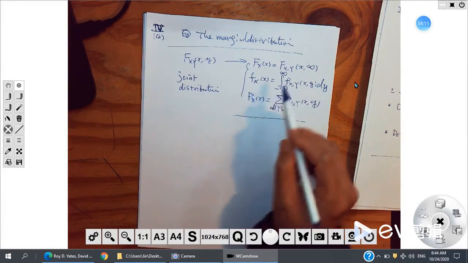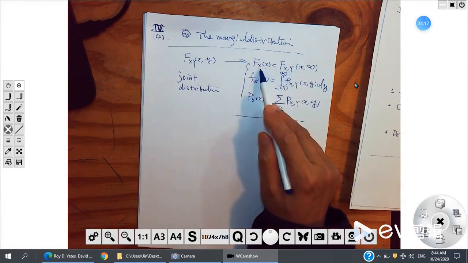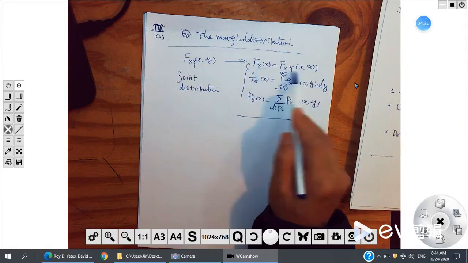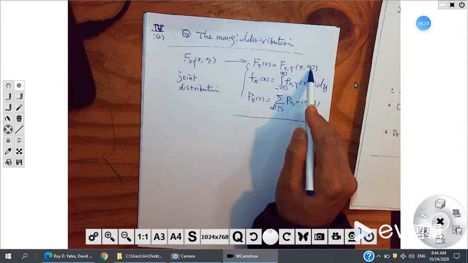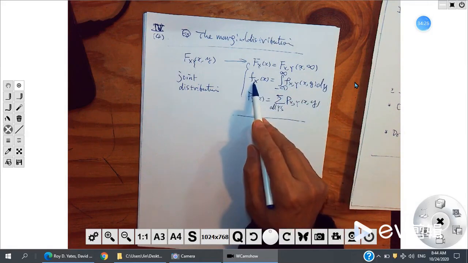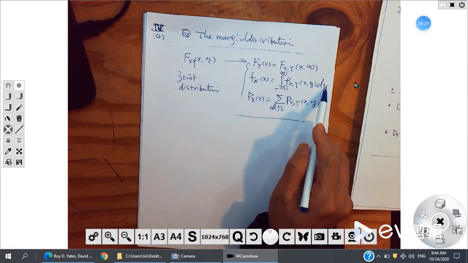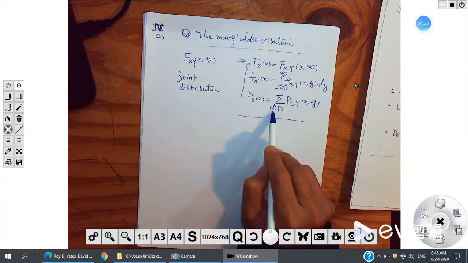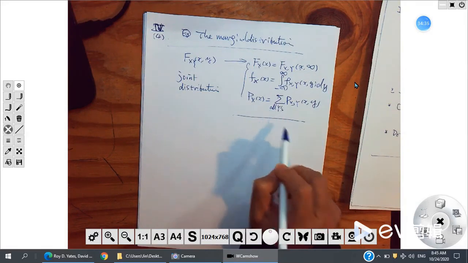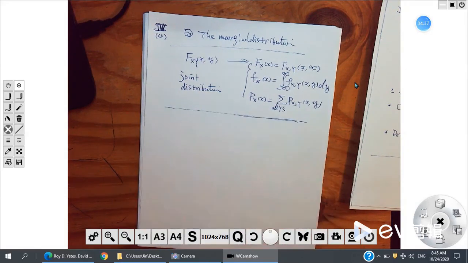Here I just gave the formula for x. If it's y, it's similar: you let x go to infinity, keep y, and the integral will be over x, and the summation will be over all x. Things like that, the marginal one.